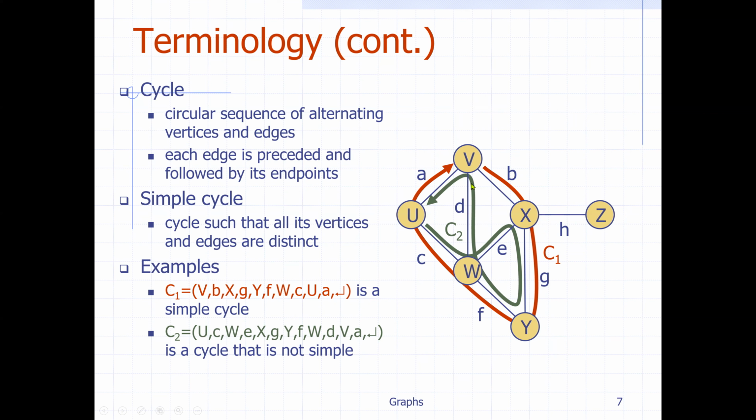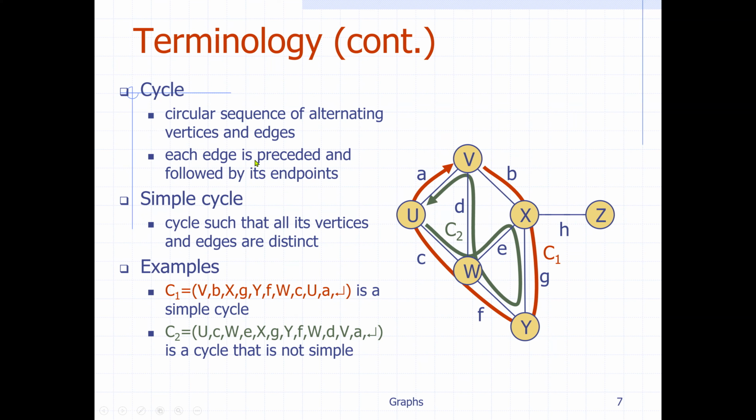This is a circle, or a simple circle, because we have more than one vertex and more than one edge going around. But where we start, we end at that place. So we start at vertex V and we end at V. So we say a circle is a circular sequence of alternating vertices and edges.